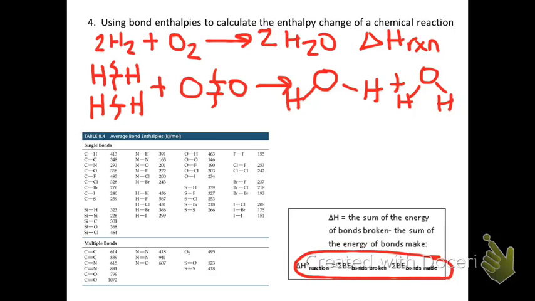In other words, we're going to take the energy of the bonds broken minus the total energy of the bonds made. And to use that, we're going to use our table over here, 8.4.